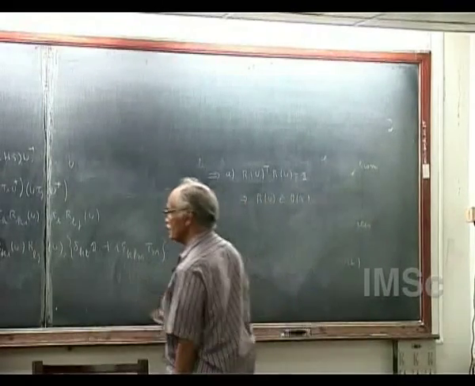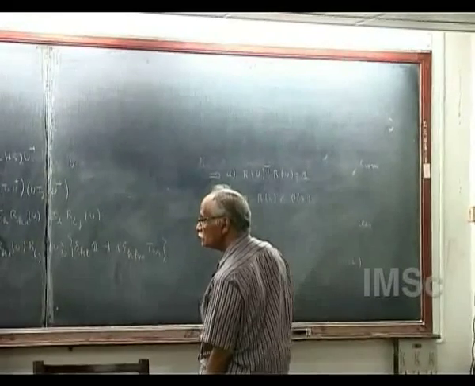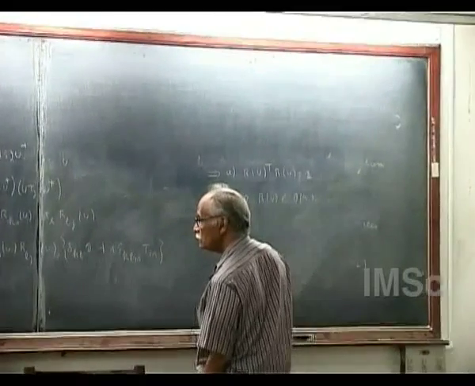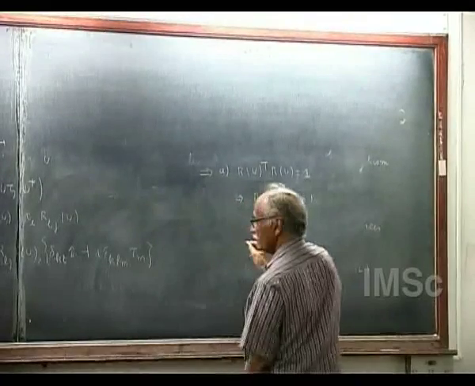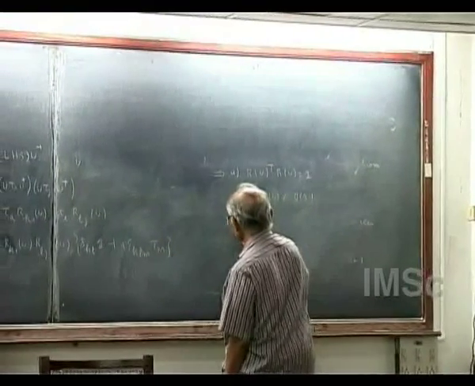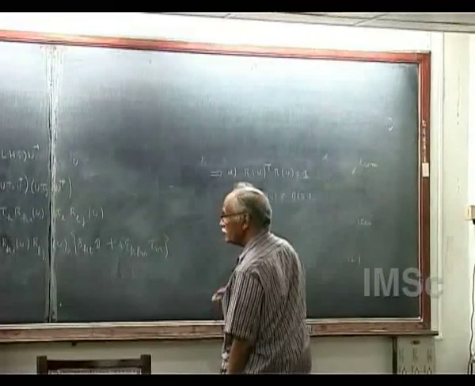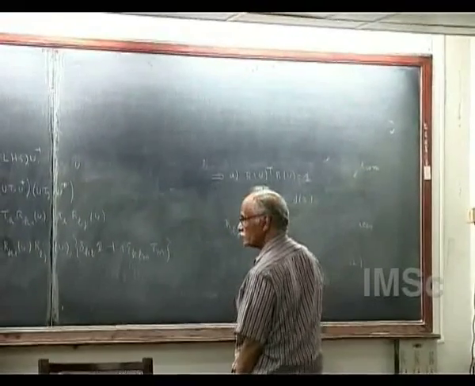The second one says that, I am trying to see, it is saying that R L J epsilon I J K, right?